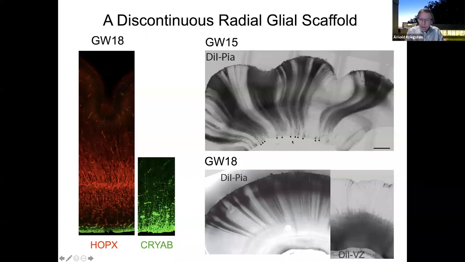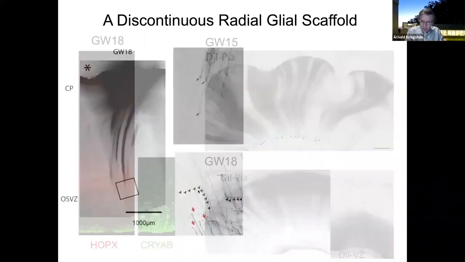But then after a week or two, at the critical stages of gestational week 15 to 18, when the lower cortical layers are formed, and now we've switched to upper cortical neurogenesis, at that transition, the dye crystals at the surface only labeled outer radial glial cells that ended in the outer subventricular zone, while dye crystals at the ventricle labeled ventricular fibers that ended in the outer subventricular zone. Only a few of them made it all the way to the cortical plate. And this confirmed that discontinuous scaffold that our marker expression suggested.